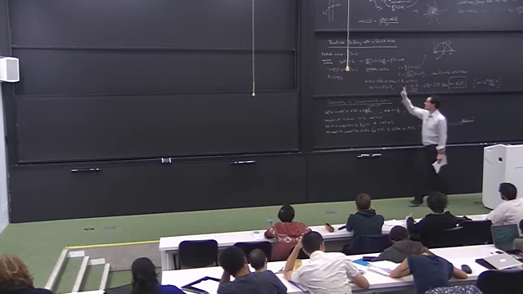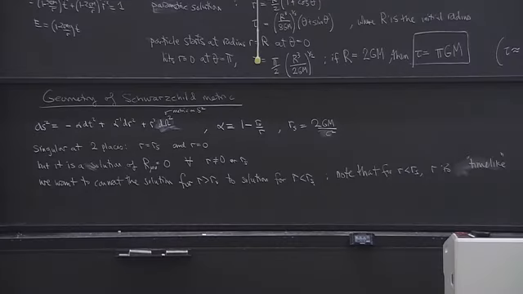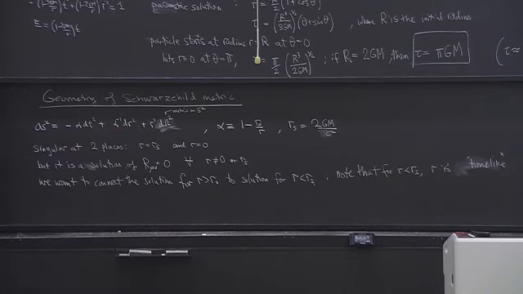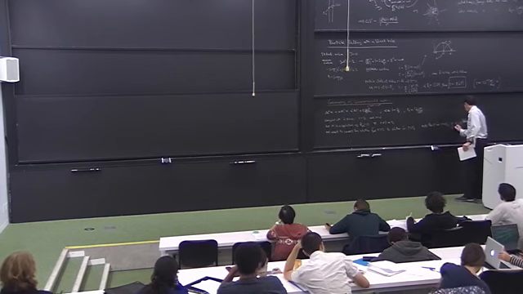What does that mean? It just means that the term involving dr squared is negative for r less than Rs. So when we go below the Schwarzschild radius, r is the time, and t is a radial coordinate, because this coefficient is positive. R is time-like, and t is space-like.